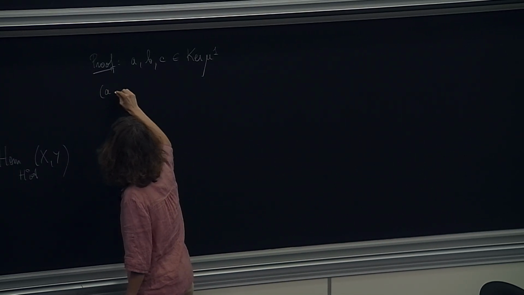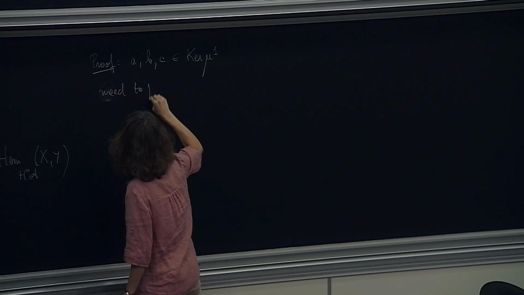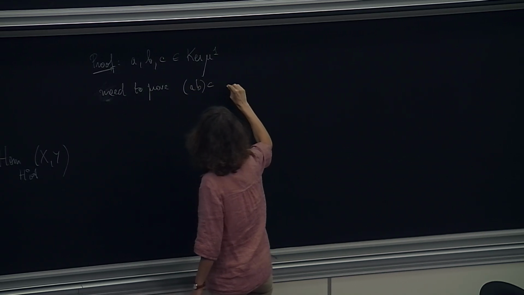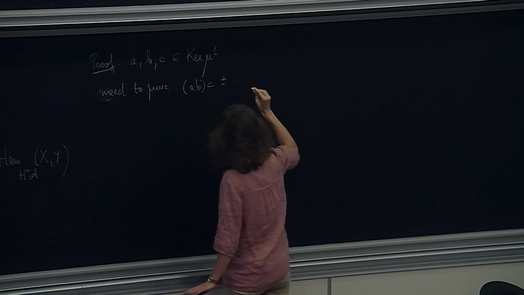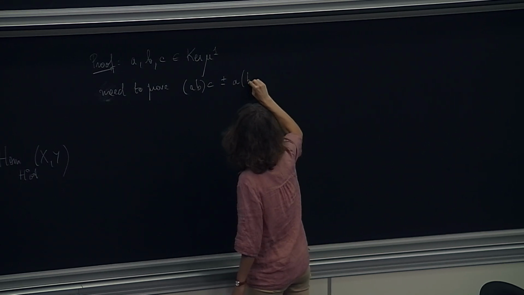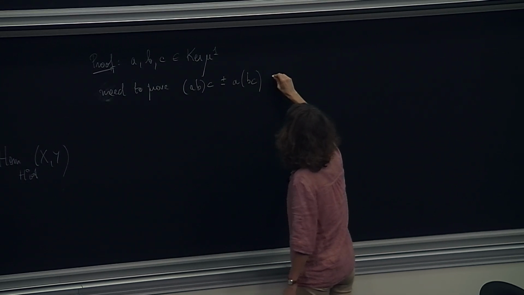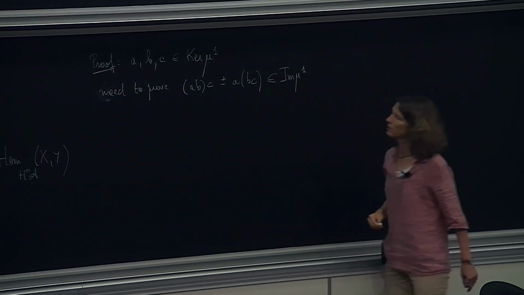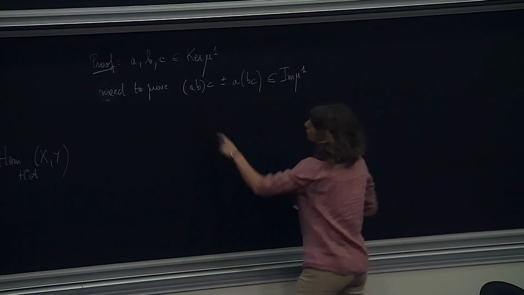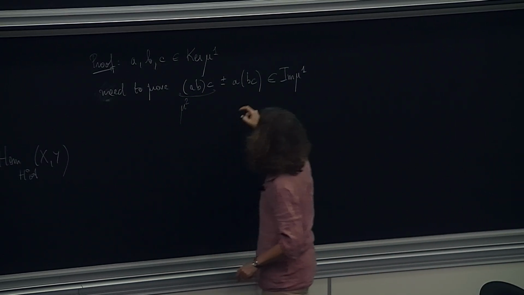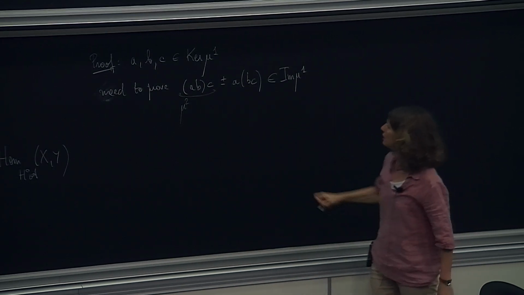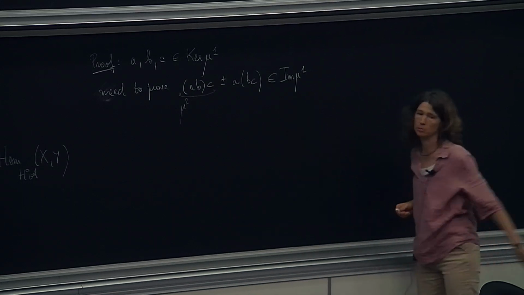You need to prove that mu2 of mu2 of A, B, C minus the other bracketing vanishes, up to signs, but we don't care about signs.